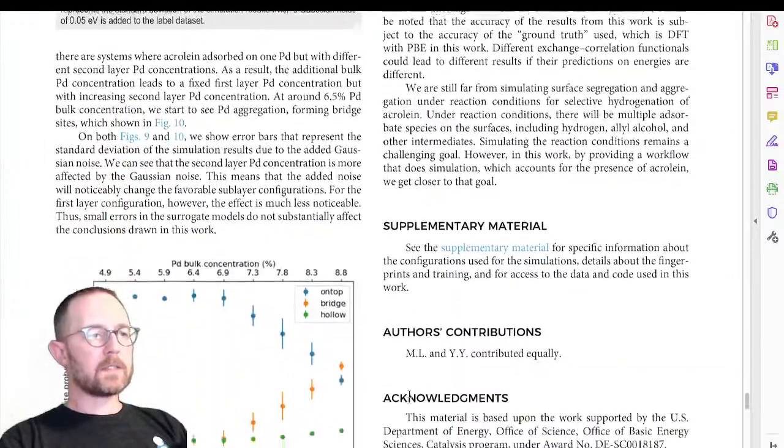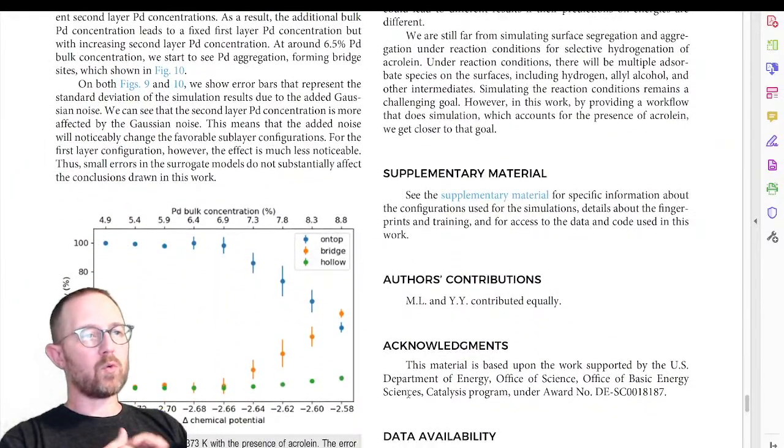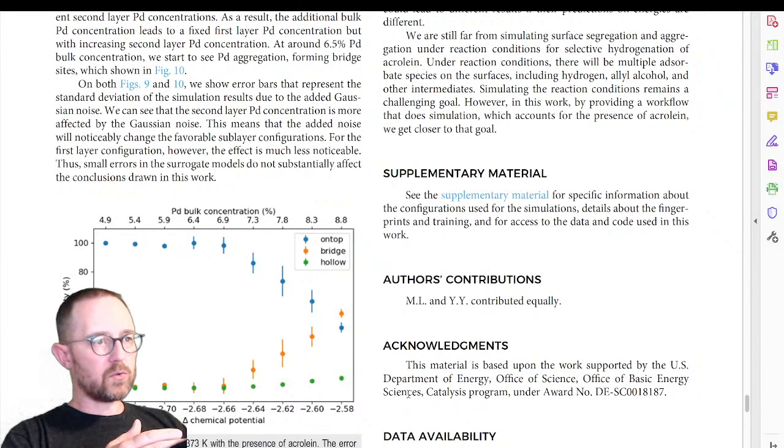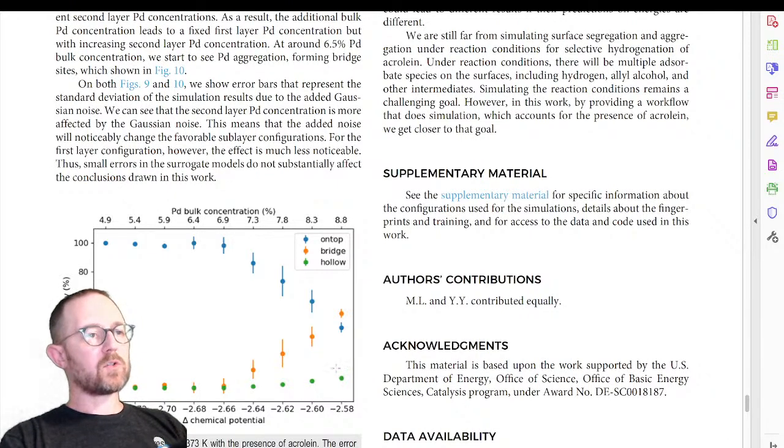So the question then is, how far can you go if you want to be in the single atom limit? If you go very, very dilute, you will just have single atoms, but not very many of them. What this figure shows is that we are in the 100% single atom limit on the top site up to about 6 or 7% bulk palladium.